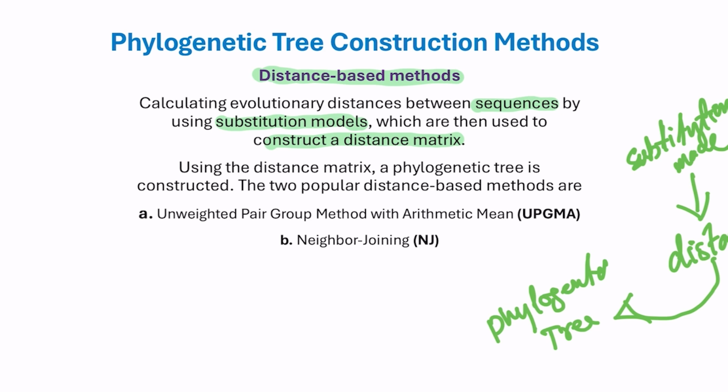The first one is the unweighted pair group method with arithmetic mean, mostly called the UPGMA method, and the second one is the neighbor joining method. These two methods can construct a phylogenetic tree based on the distance based method. It means first they will use a substitution model, then they will convert it into a distance matrix, and then they will use the distance matrix for the phylogenetic tree.